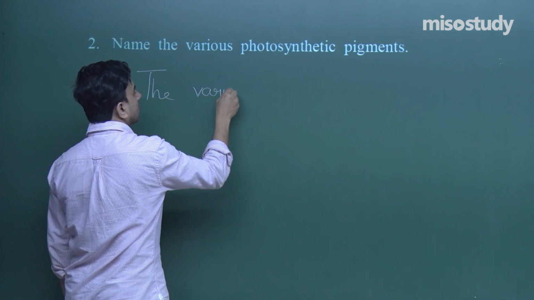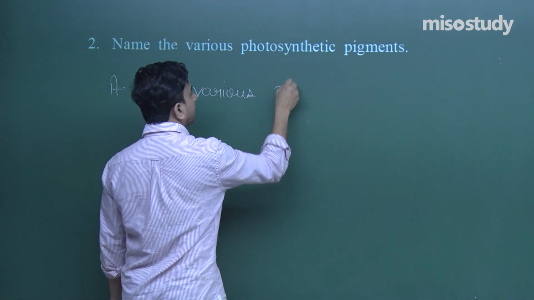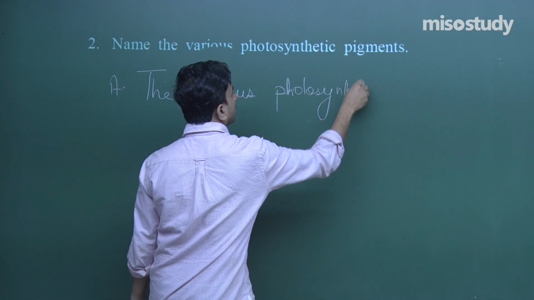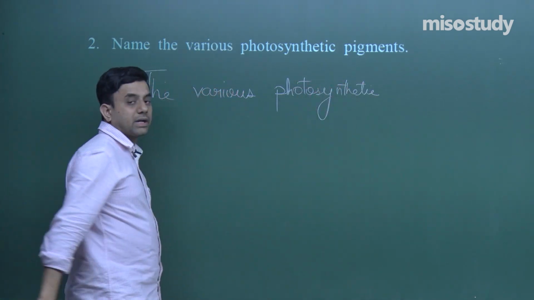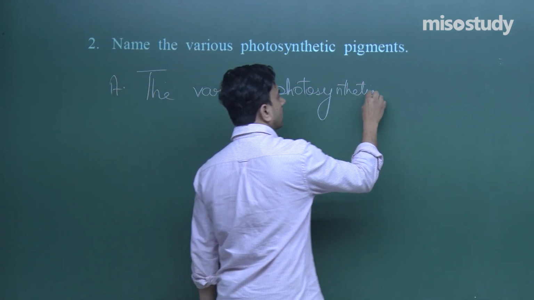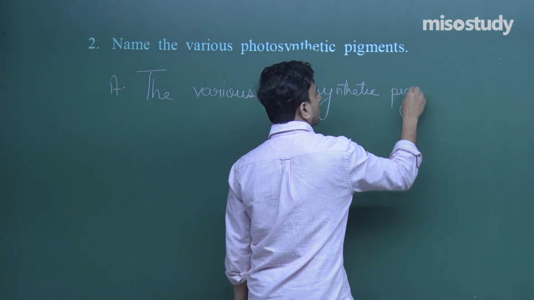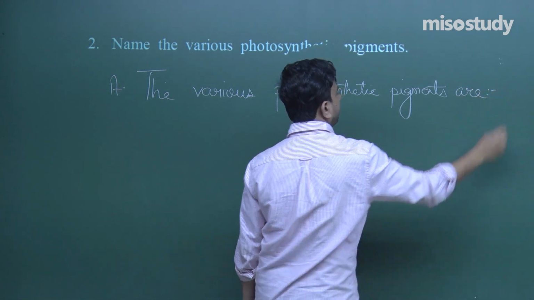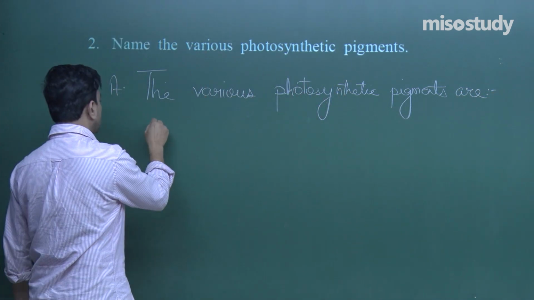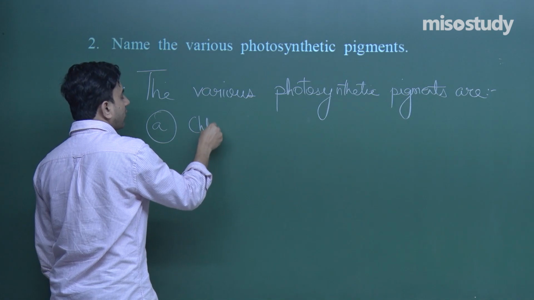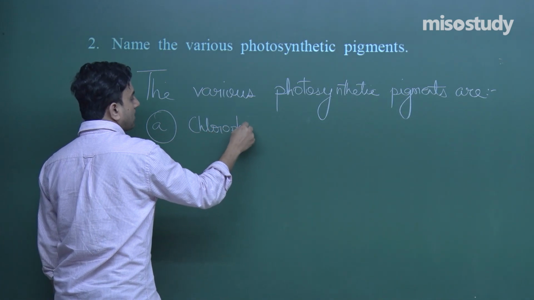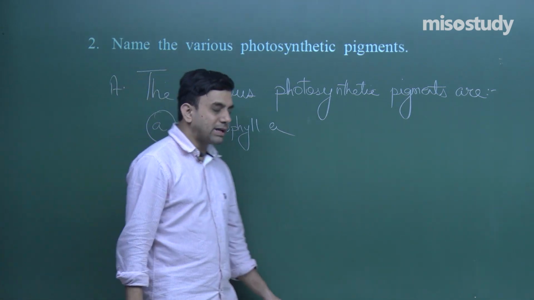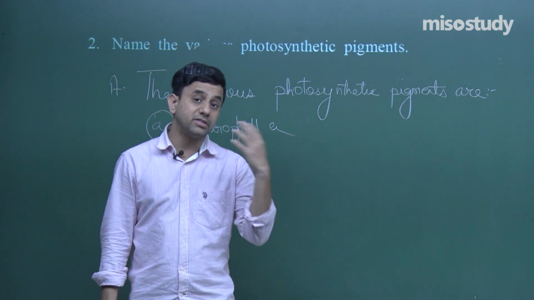The various photosynthetic pigments are chlorophyll A, chlorophyll B, carotenoids and xanthophylls.